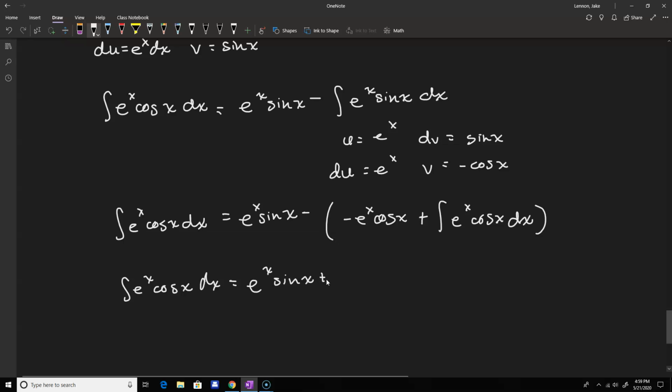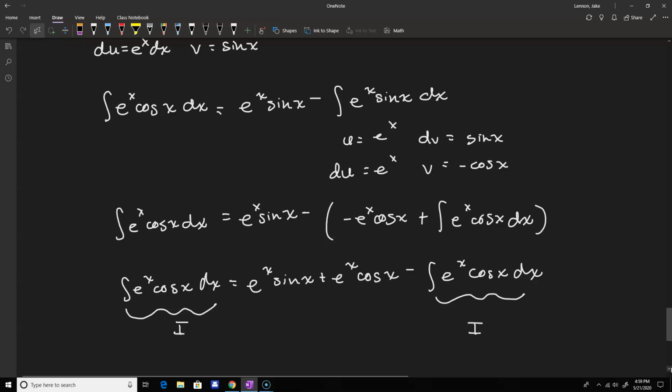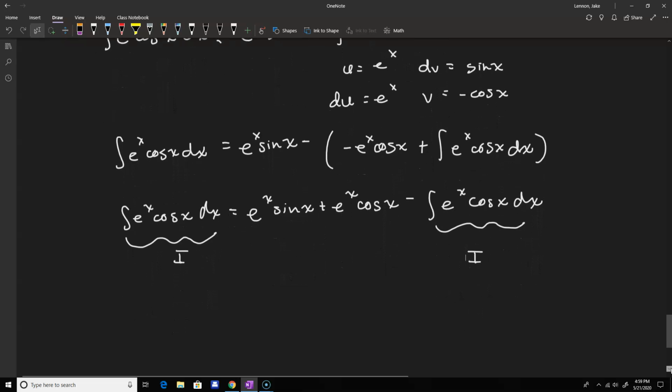Distributing the negative, we get plus e to the x cosine of x, and then minus the integral of e to the x cosine of x dx. So it might seem like we didn't make any progress, but in fact we did. If we call this quantity capital I, it would be the same as this thing. Well, we can just replace it by I, and that's exactly what we're trying to solve for.